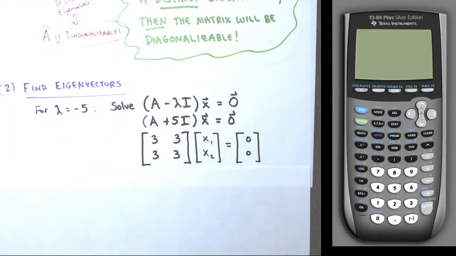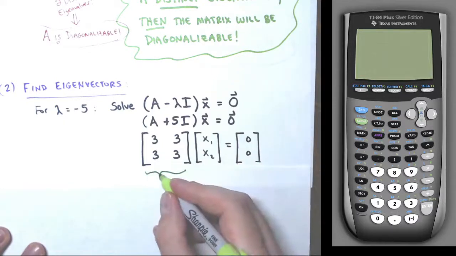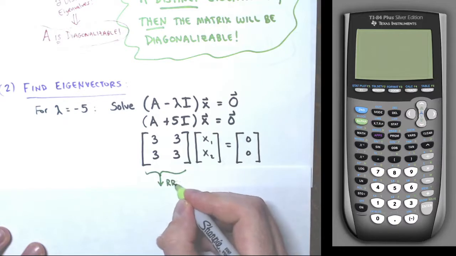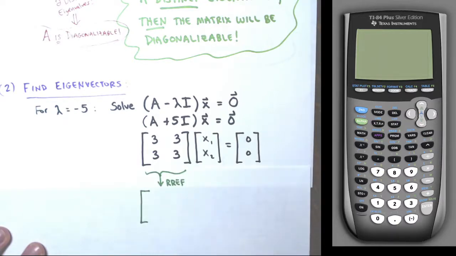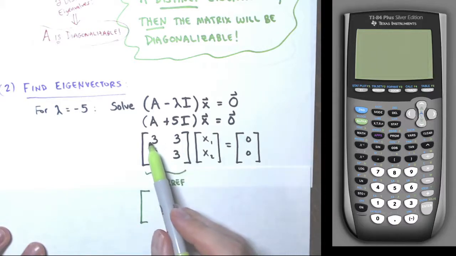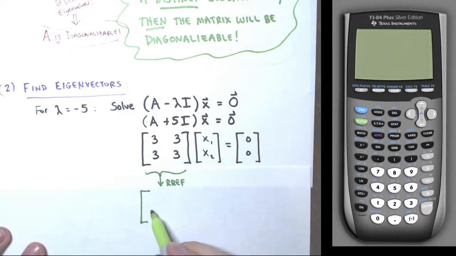So I'm just going to take the matrix A plus 5I and put this into reduced row echelon form, which is pretty simple, being it's only a 2 by 2. If I take -1 times the first row and add it to the second row, it will be all zeros, and then I just multiply the first row by a third to get that leading 1.